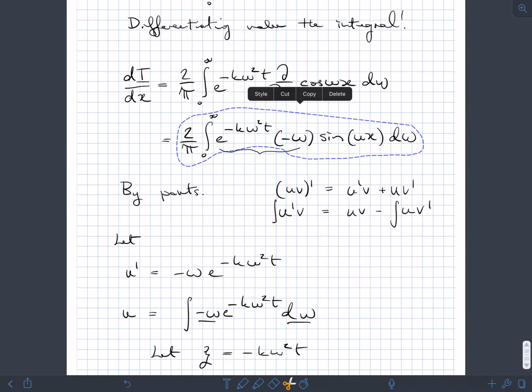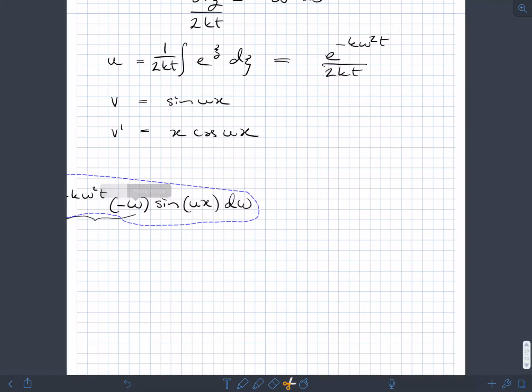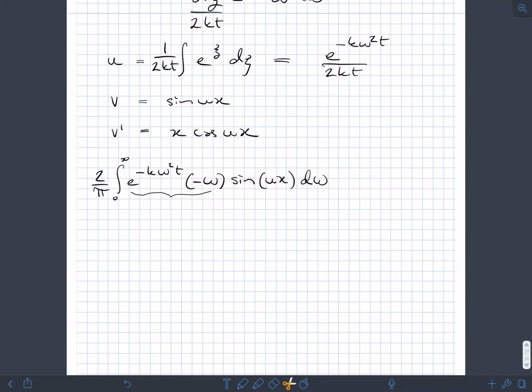This guy right here, and he's going to be equal to 2 pi over a bunch of stuff. The first stuff is uv, so that's e to the negative k omega squared t divided by 2kt, sine omega x.